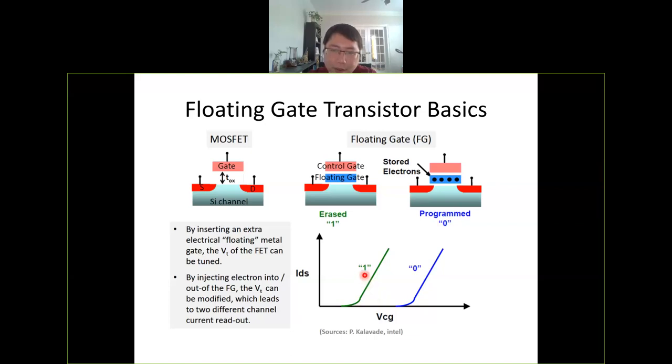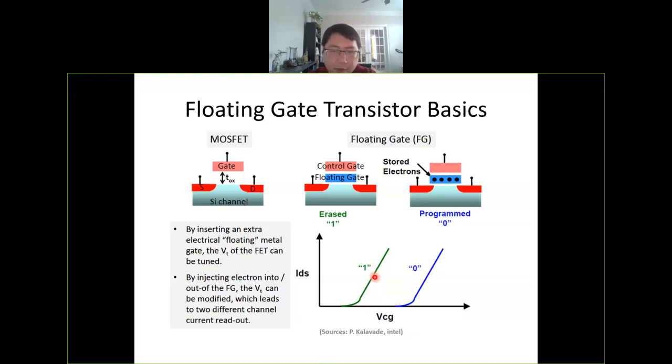For the erased state, you will read out a current with a large value. But for the program state, because the read voltage is smaller than the threshold voltage, you can only measure very small subthreshold current. So you can detect the difference in the drain current.